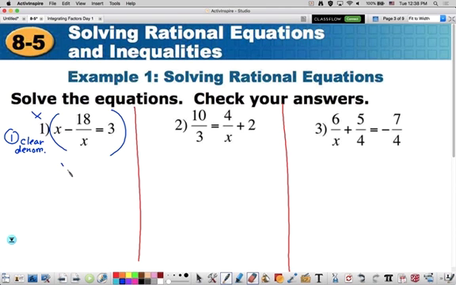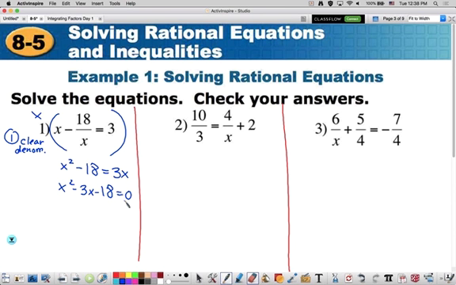X times x is x squared. 18 over x multiplied by x, well, the denominator cancels. That's why we did this. So minus 18. 3 times x is 3x. And now solving this is very easy. It's a quadratic. X squared minus 3x minus 18 equals 0.